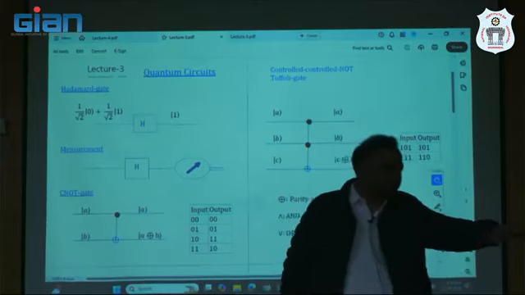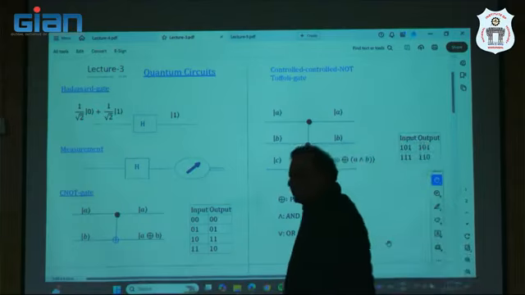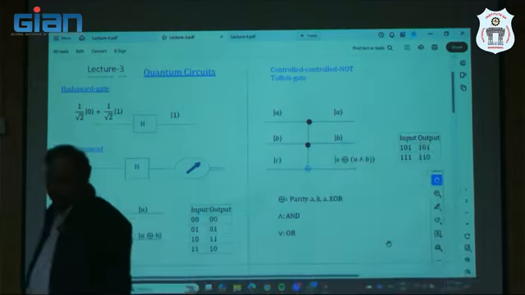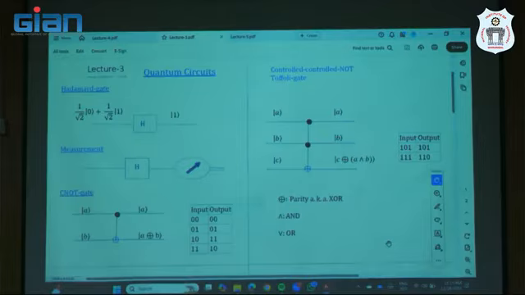Can you explain the CNOT gate? CNOT gate is like this. C represents control, NOT represents NOT, flipping the bit. Control NOT: control on the first wire, flip the second wire. If the first wire is 0, don't flip.